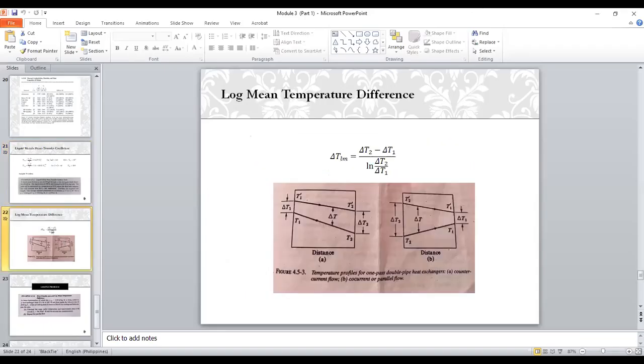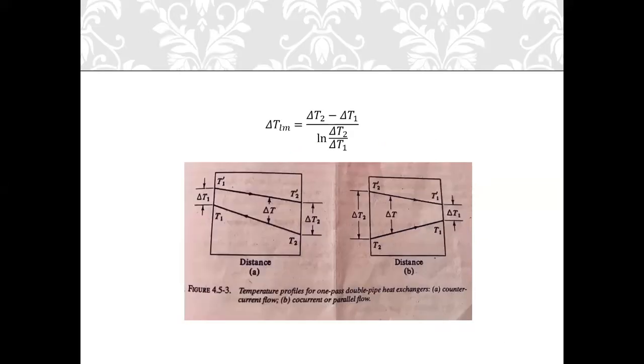Now, our last problem here talks about the use of the log mean temperature difference. When a fluid is flowing inside the pipe, and there's another fluid outside that is flowing either counter current or co-current to it, there's a corresponding change in the temperature of the fluid that enters the pipe, and also of the fluid that is flowing outside of the pipe.